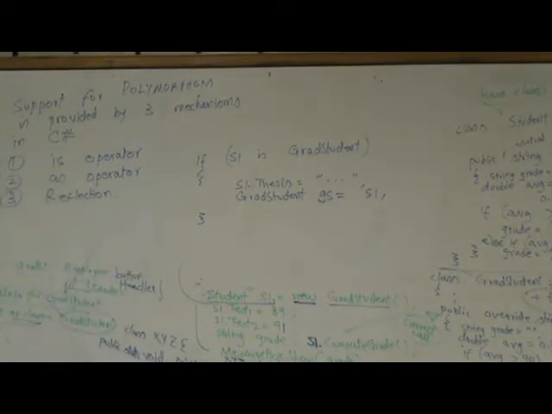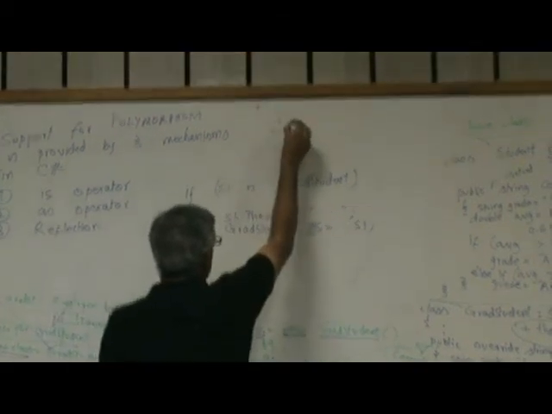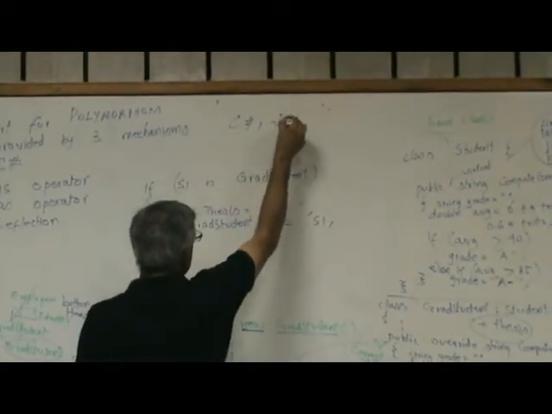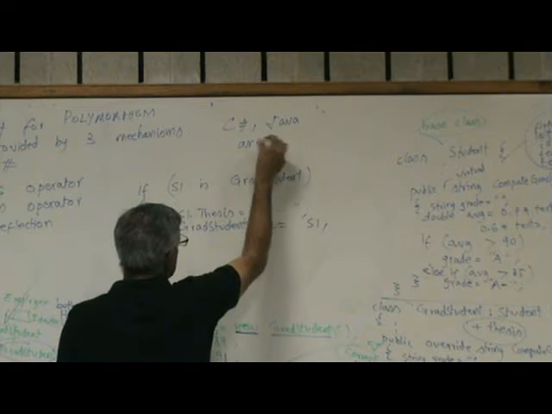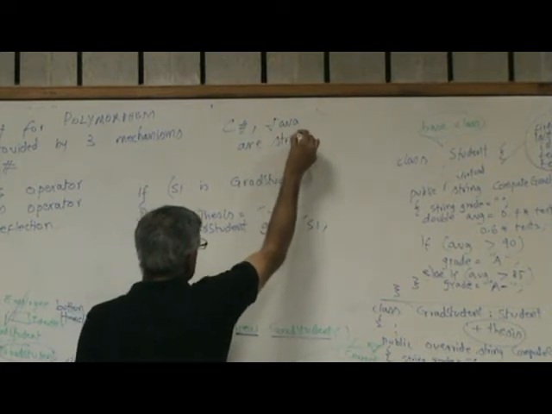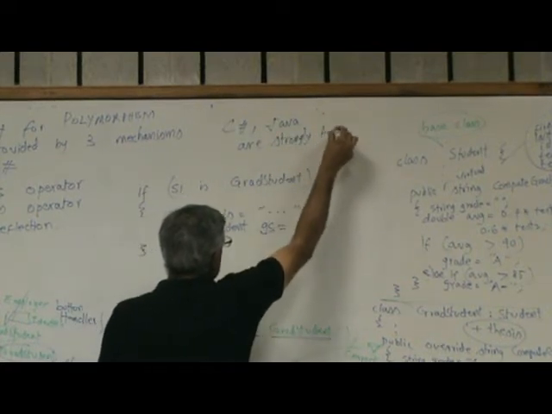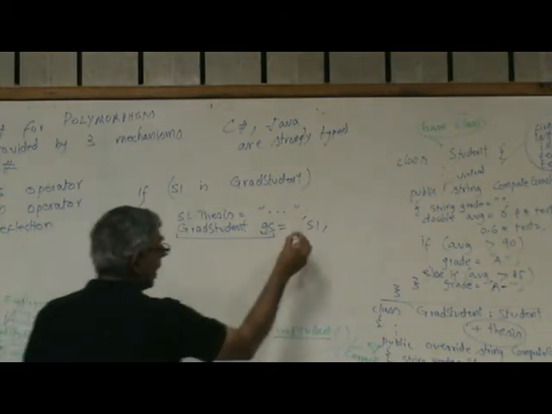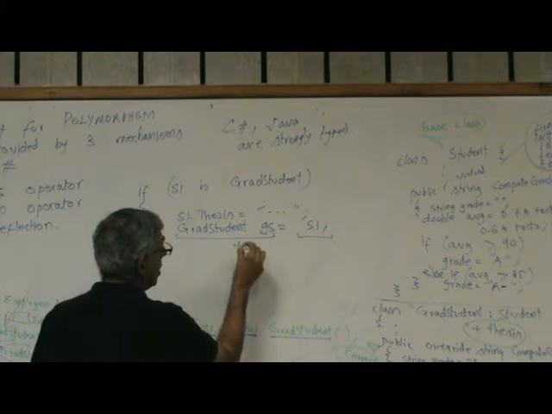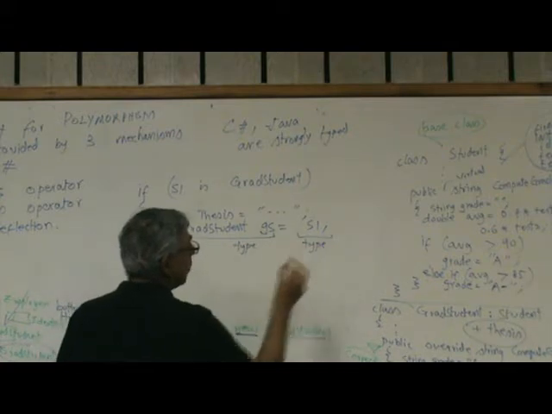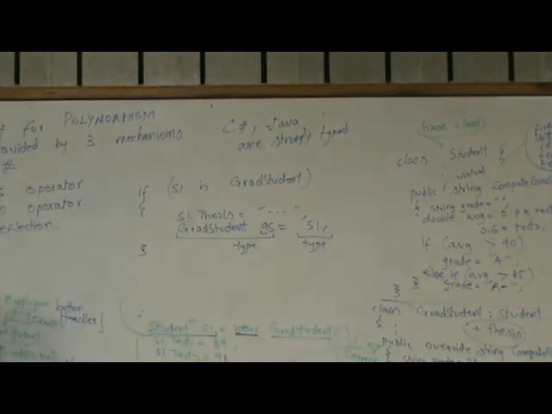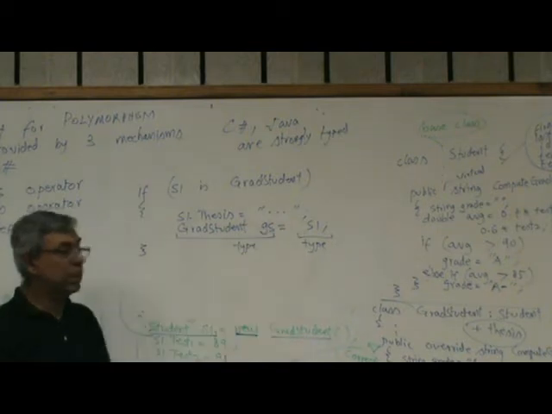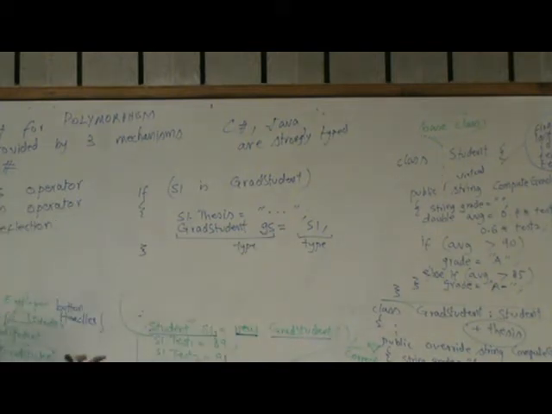However, as I mentioned in the last lecture, C#, like Java, are strongly typed languages, meaning the type of the left side has to match the type of the right side. What's the type of the left side? Grad student. Type of the right side? So again, the compiler will say you cannot do that.